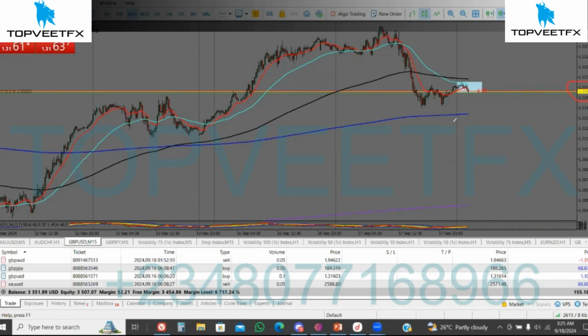For you to get £1, you need 1.3162 US dollars to have £1. That is how this price works.